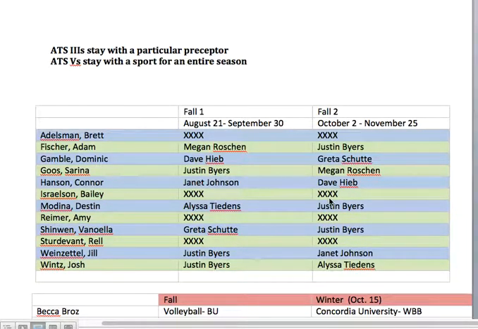We know that Justin's at football, so he'll be with Justin with football until November 25th. Now, if football finishes up before November 25th, it doesn't matter. Destin will still stay with Justin Byers wherever he goes. So he might be in the athletic training room, or if he's doing some overlap with hockey or whatever, you're going to stay with your preceptor until this date.